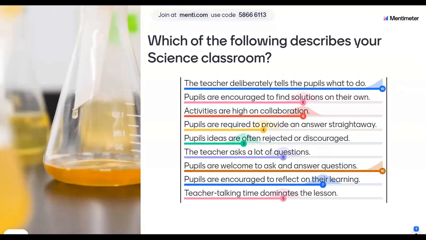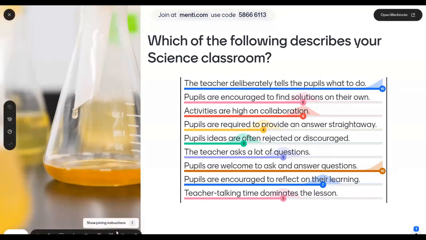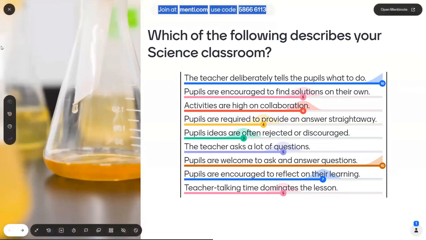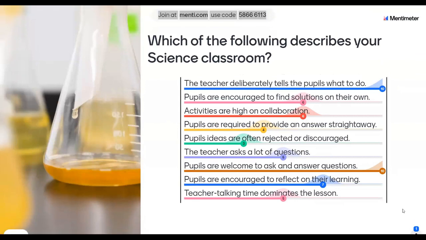Which of the following describes your science classroom? Do you think the online participants are able to see it or not?